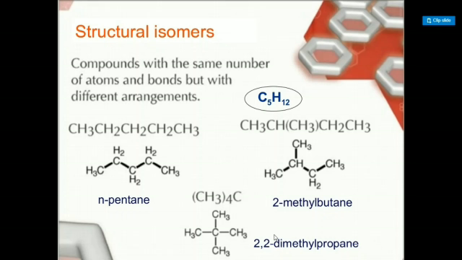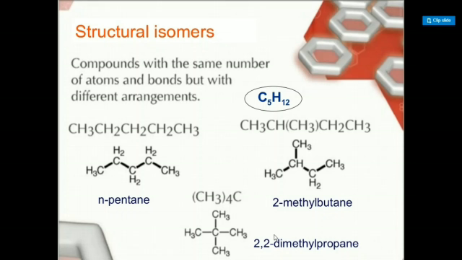Structural isomers: compounds with the same number of atoms and bonds but with the different arrangements. That means their molecular formula are same but structures are different.